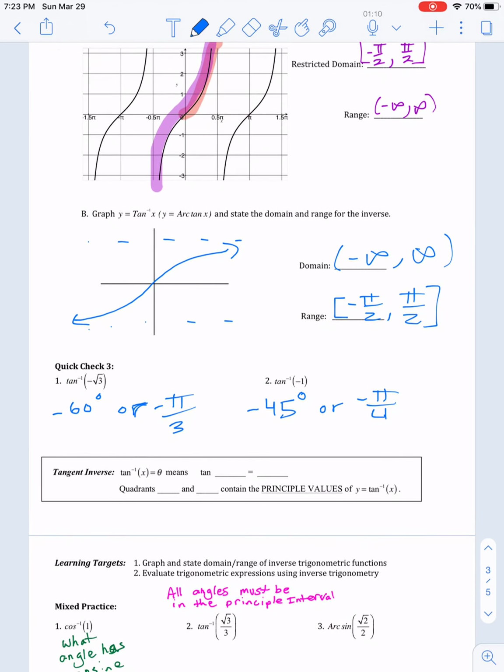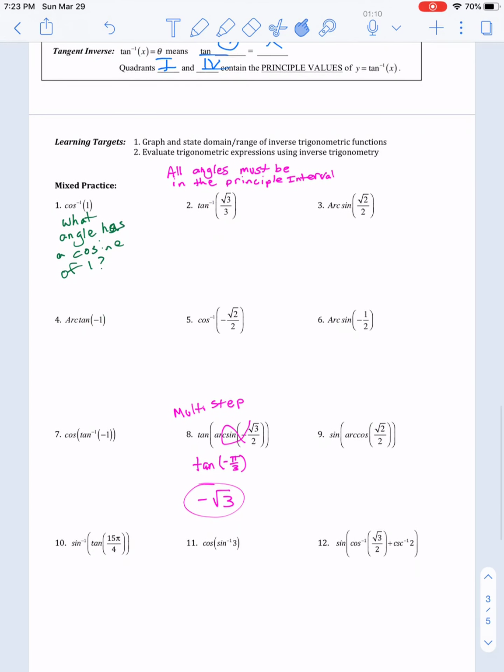So again, this is just a reminder that when we're dealing with inverse trig, typically we put in an angle, get out a ratio. Inverse is reverse that. The principal interval for tangent is like sine, quadrants 1 and 4. So here's just an opportunity to have some practice with evaluating inverse trig and giving the results within the principal interval.